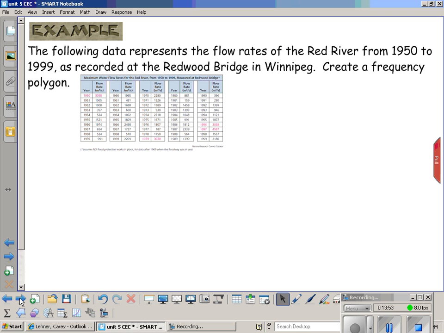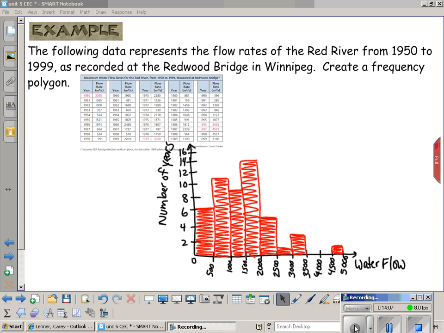You don't have to. You could set it up the same way on a table of values if you wanted. But since we have a histogram, I'll show you how creating your polygon works. So I have copied over the histogram.